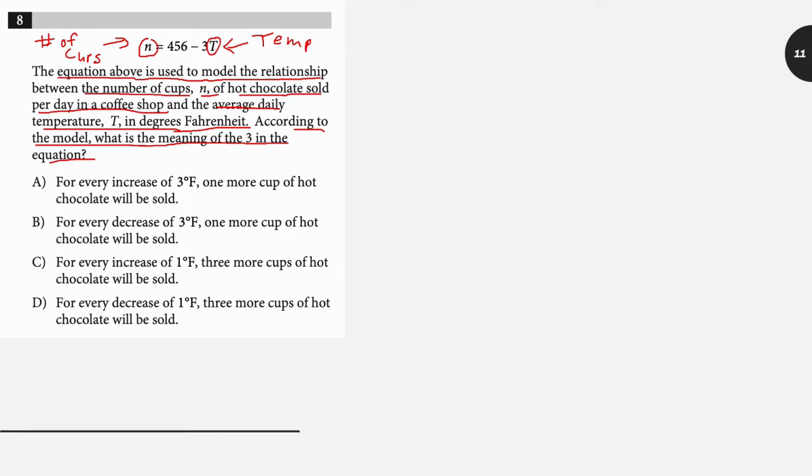So for every 1 degree Fahrenheit, it gets colder. For every 1 degree Fahrenheit, they sell 3 cups of hot chocolate. So the answer choice would be D.